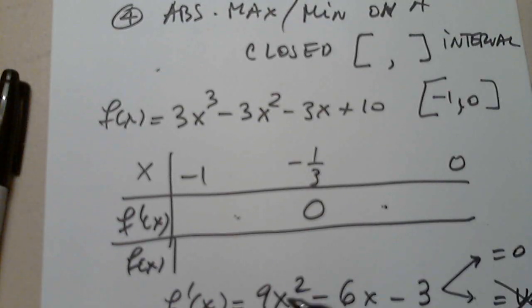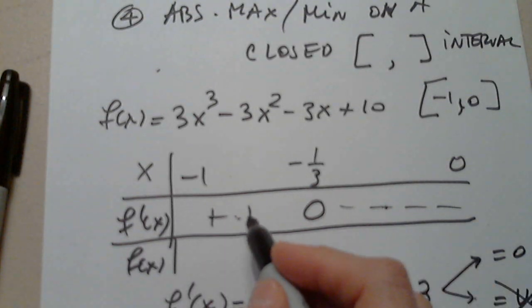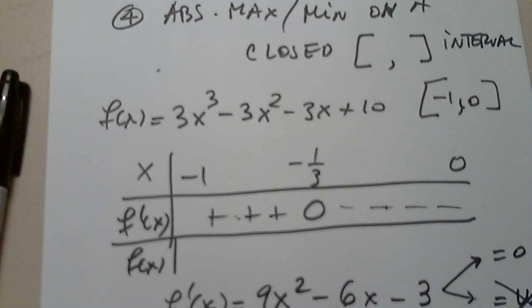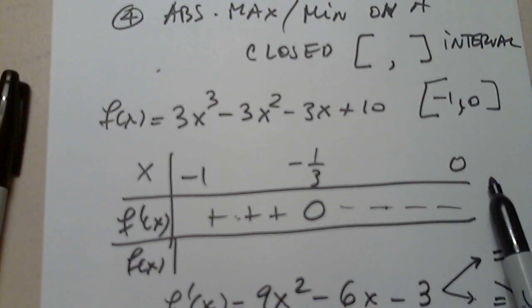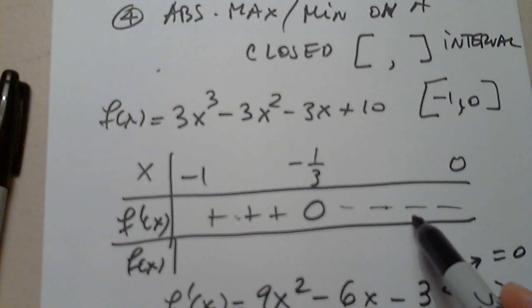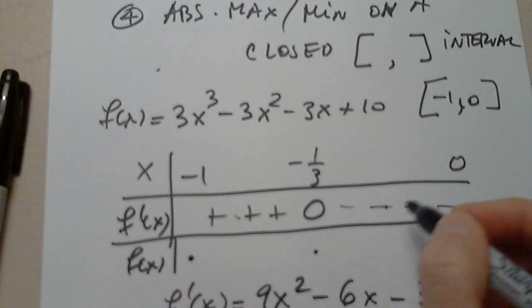When I plug in 0, see, the sign is negative. When I plug in negative 10, you will see the sign will be positive. That's all you need. So we determined, in this case, only one critical number that fits. I study the sign of the derivative, and now I have to put the function in and find these values.